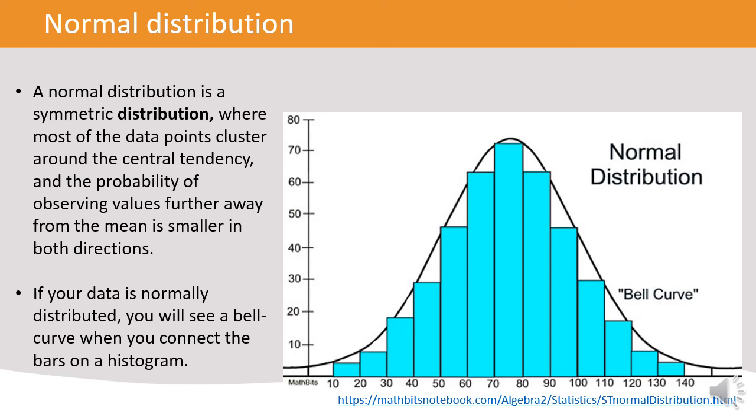On both sides of this central tendency, the number of students that obtained a raw score lower than 70 or higher than 80 decreases. And as you move along the curve of the bell, you will see that very few students obtained a raw score that was very low, for example, between 10 and 20, or a raw score that was very high, between 130 and 140.